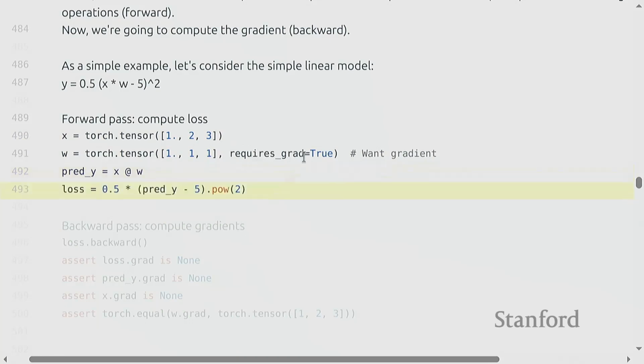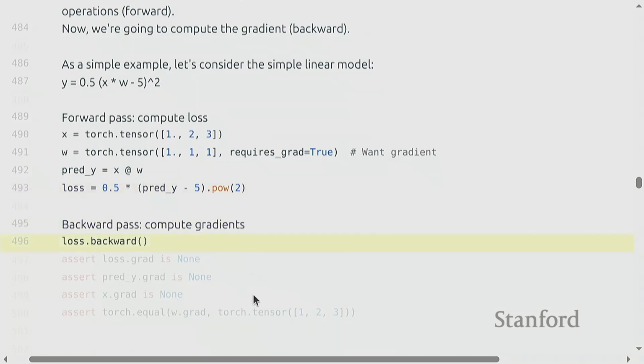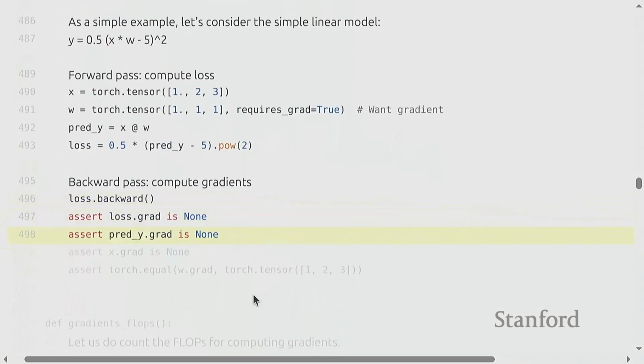You make a prediction by taking a linear product, and then you have your loss. Okay, and in the backward pass, you just call loss.backward, and in this case, the gradient, which is this variable attached to the tensor, turns out to be what you want. Okay, so everyone has done gradients in PyTorch before.